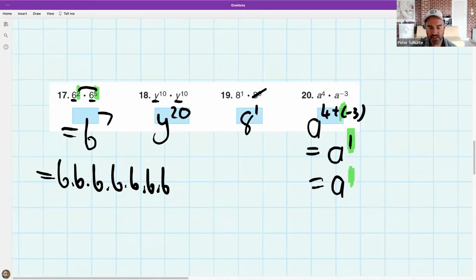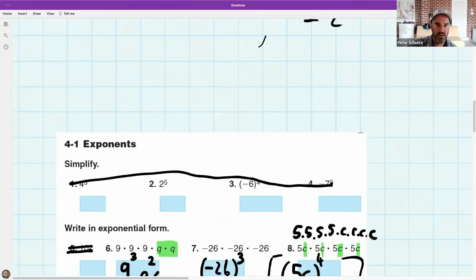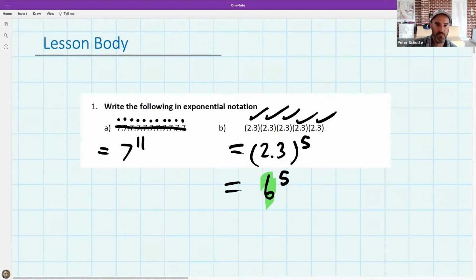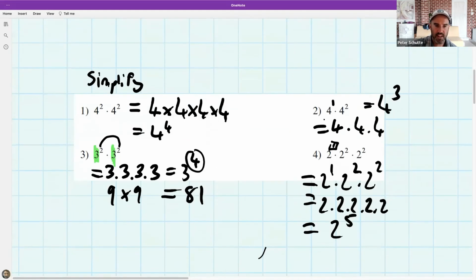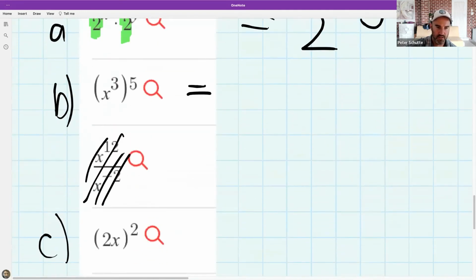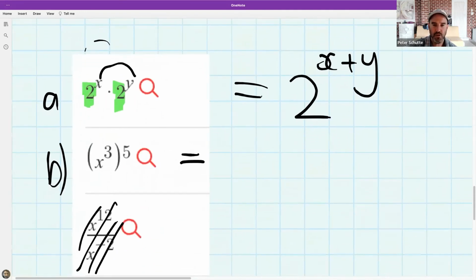Now, it's a different situation. Earlier on in the lesson, and I'm going all the way back, so sorry if I'm making you dizzy, we had the situation where we had 2 powers next to each other. When you have 2 powers next to each other like this, it means you're multiplying because you're repeating what's below.